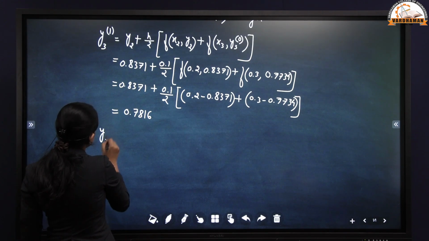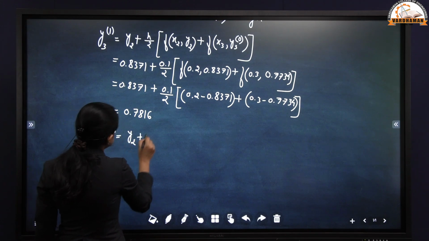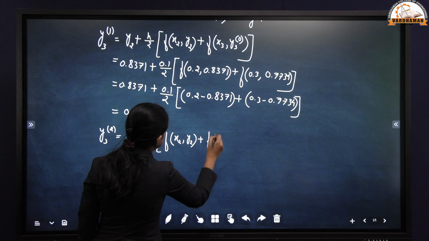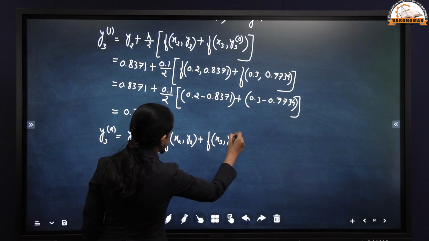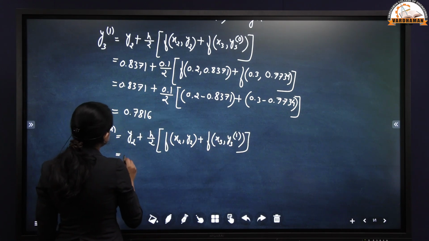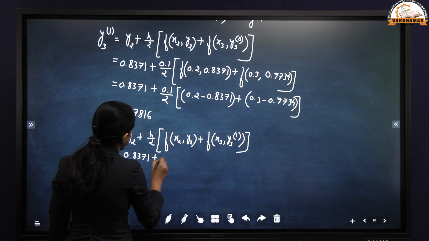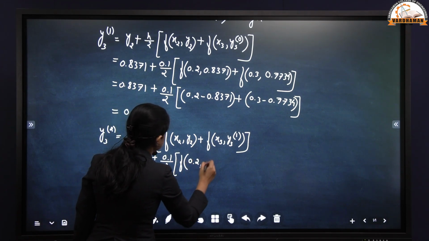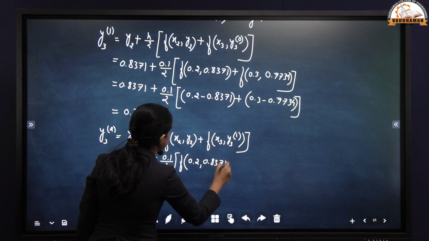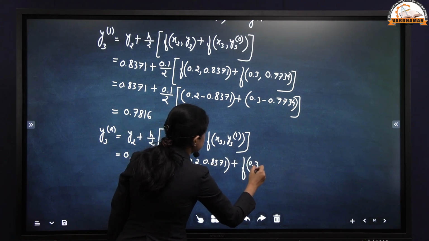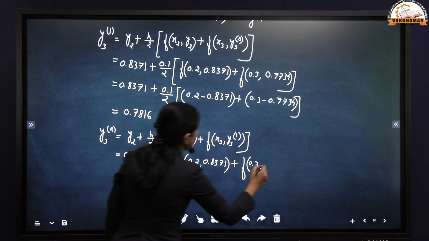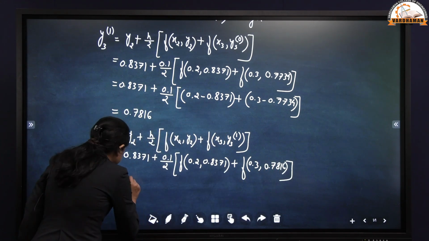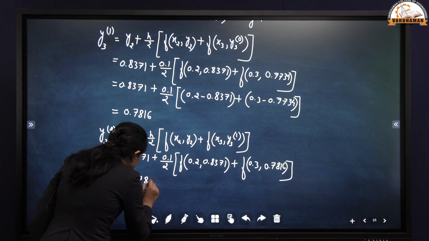So y3² is given by y2 plus h by 2, f of x2 comma y2 plus f of x3 comma y3¹. We get y2 is 0.8371 plus 0.1 by 2 into f of 0.2, 0.8371 plus f of 0.3 comma y3¹ is 0.7816. If we compute this value, we will get 0.7811.